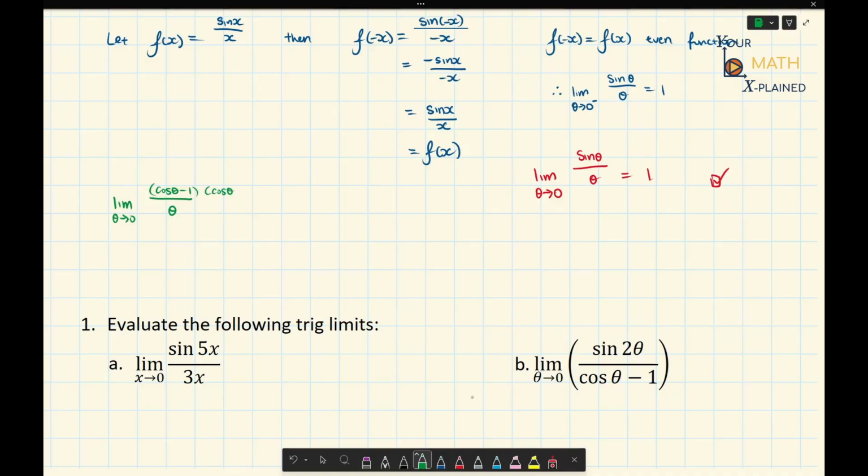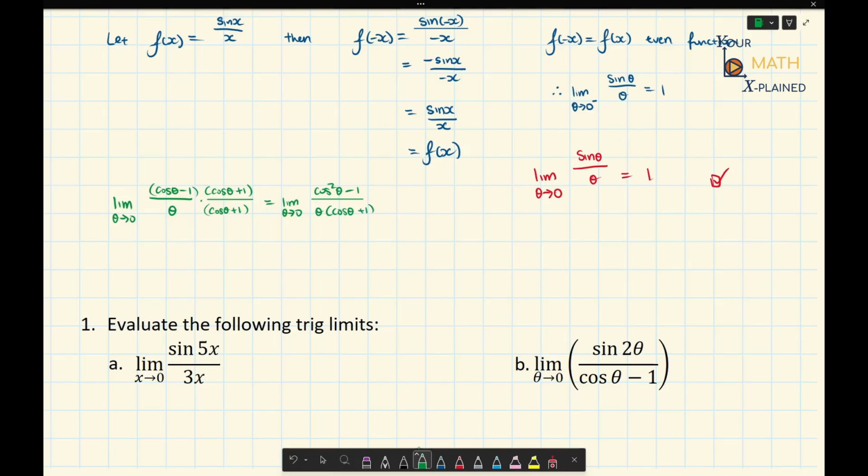So we get cos theta plus 1 over cos theta plus 1. So expanding the top, we get the limit as theta approaches 0 of cos squared theta minus 1. And then the bottom, we're not going to expand. We're just going to leave it as theta times cos theta plus 1.